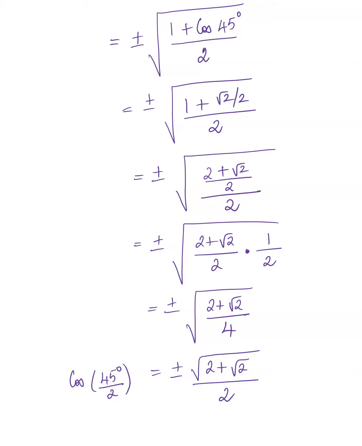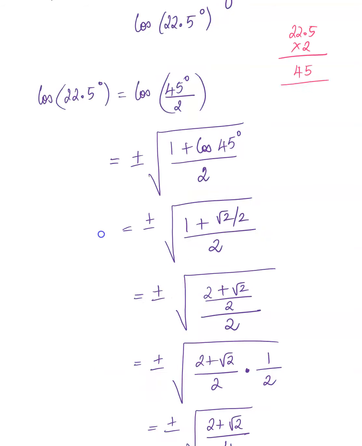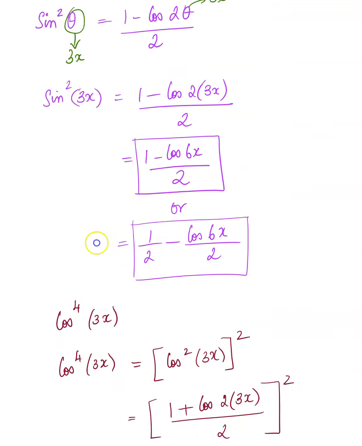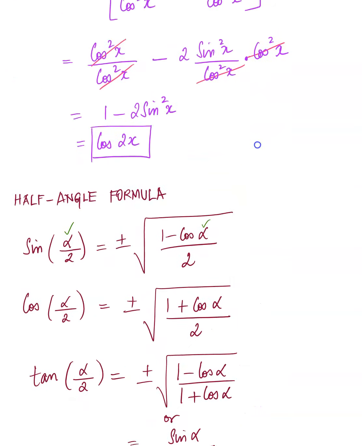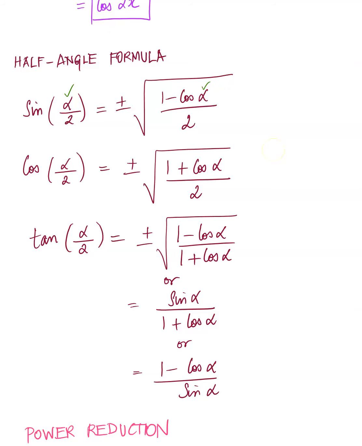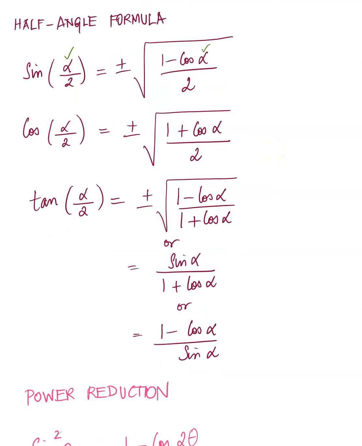Now we have to decide whether it's plus or minus. So I want to go back quickly to the formulas we wrote. Where's the half angle? Here it is. So for the plus or minus, I want to make an observation here.